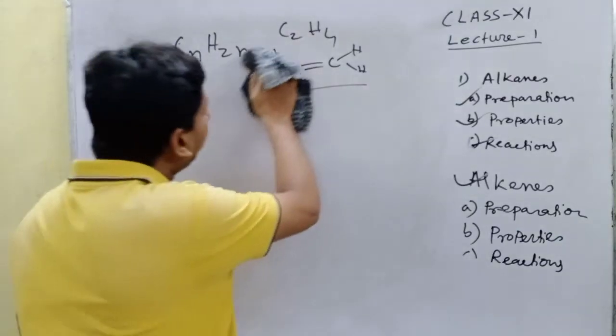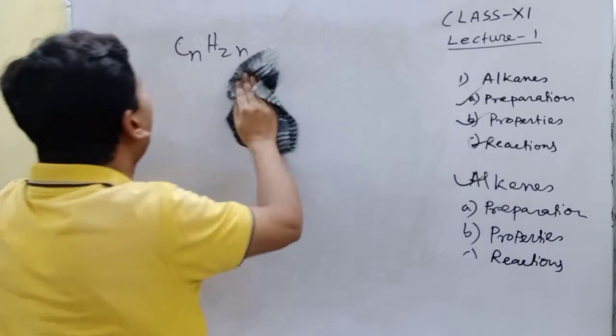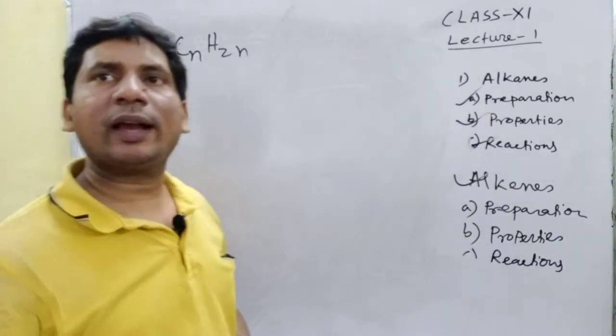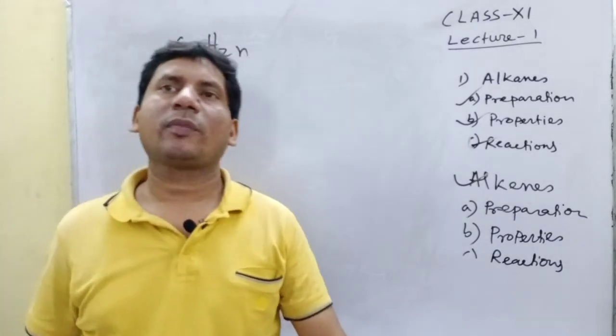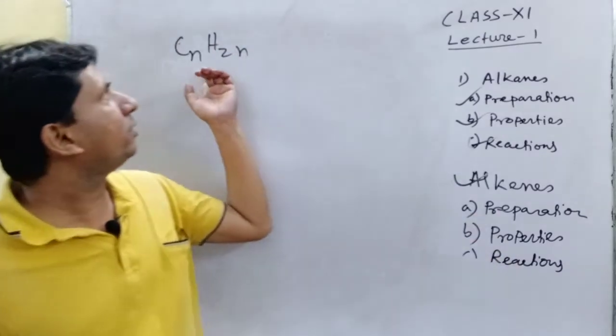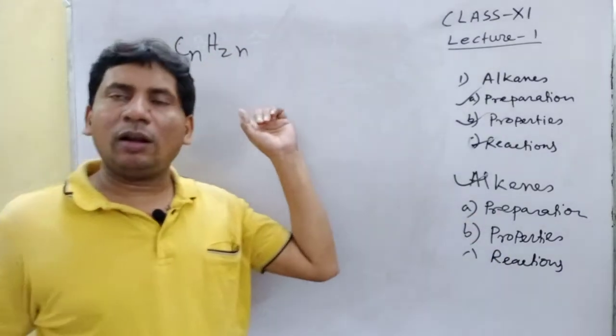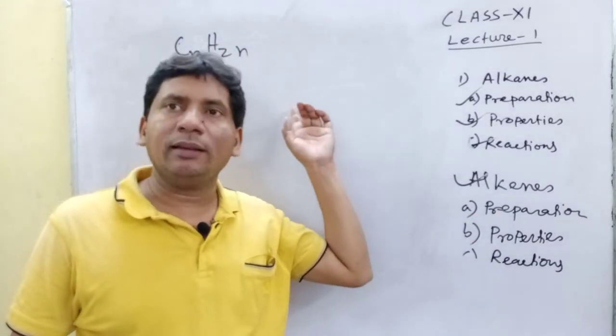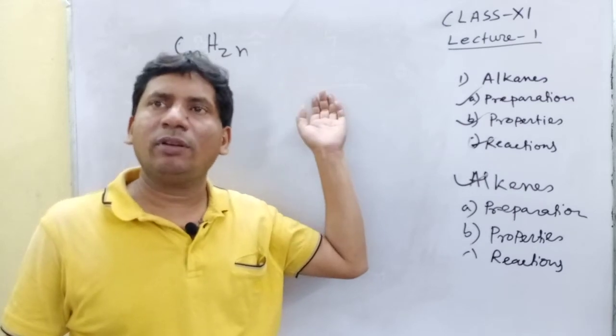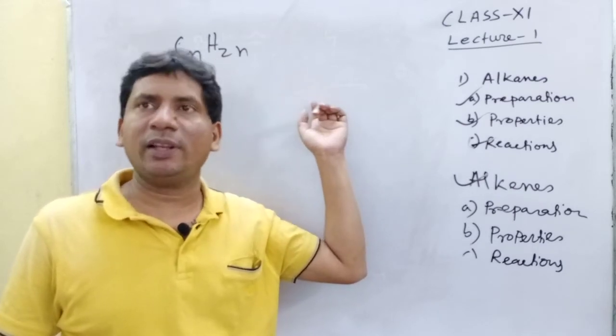So this is the general formula of alkene. Now how can you prepare alkene? And it is sp2 hybridized. In alkene the carbons have sp2 hybridization.